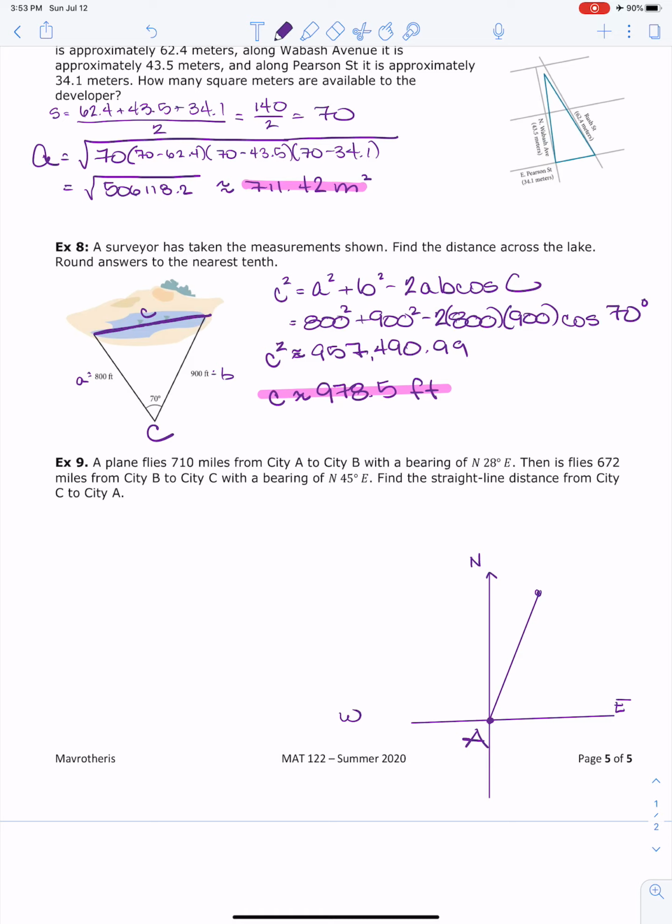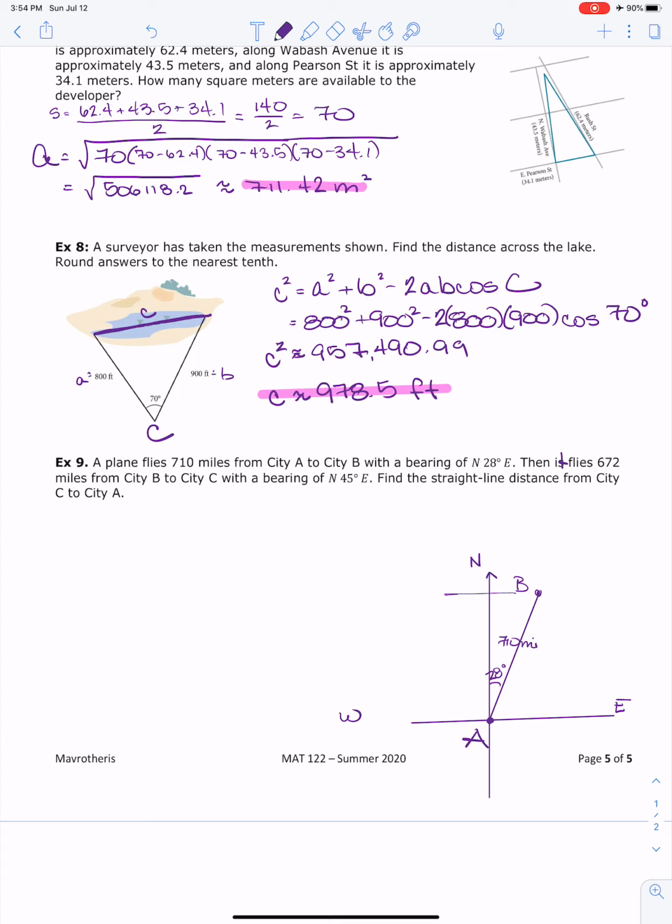And so here's my 28 degrees. This length is 710 miles. And this is city B. Then it flies 672 miles from city B to city C with a bearing of north 45 east. And so here's the thing.